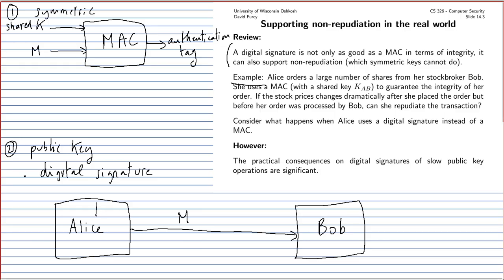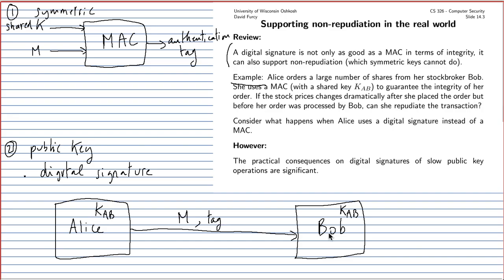So Alice and Bob are going to share a private key, let's call it K sub AB, since it's only known to Alice and Bob. Then she's going to use that key and a MAC algorithm to authenticate M by attaching an authentication tag to her message, which she obtained using a MAC algorithm.